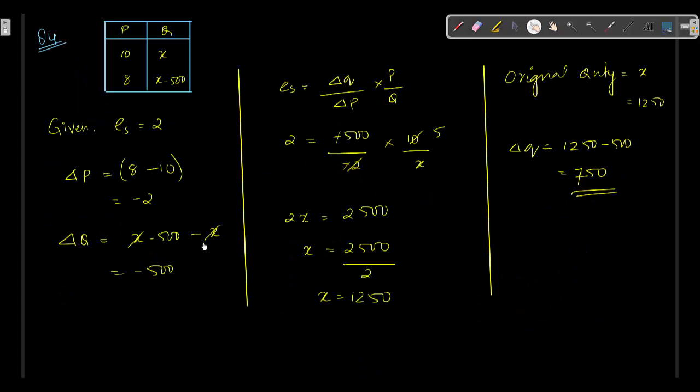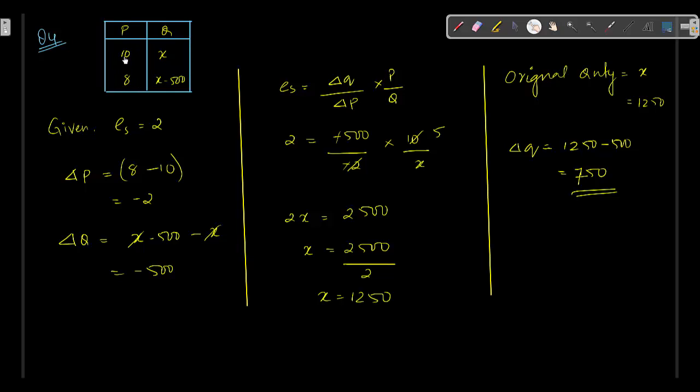Here as well, the elasticity is given. ES is equal to 2. And the question says, when the price falls from 10 to 8 per unit, its quantity supplied falls by 500 units. So when the original price is 10 and it falls, it becomes 8.